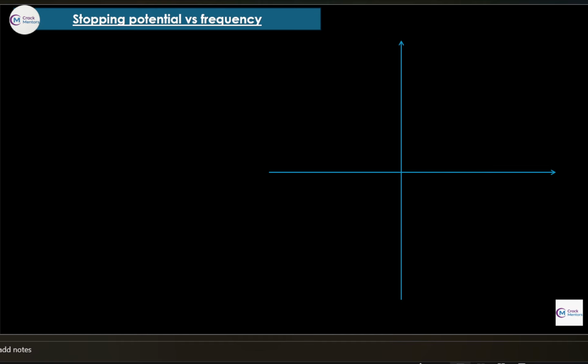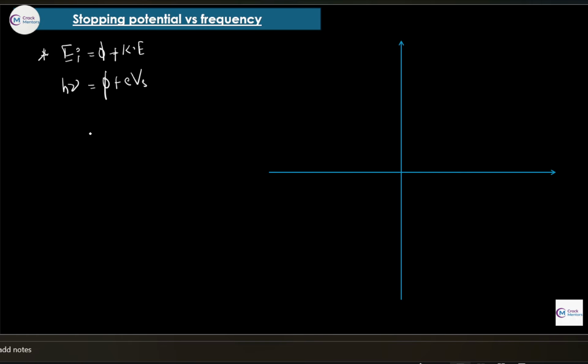Now let's talk about the stopping potential versus frequency curve. In this, we know the incident energy is equal to phi plus kinetic energy, where phi is the work function. We know about it. The incident energy is h nu, and this is phi plus the kinetic energy. We are plotting a curve of stopping potential versus frequency, so the kinetic energy is eVs. This is very simple.